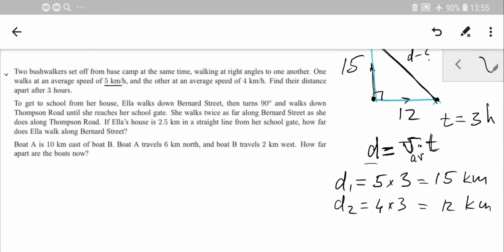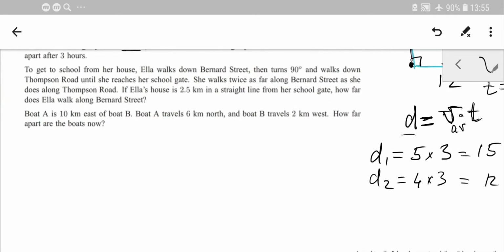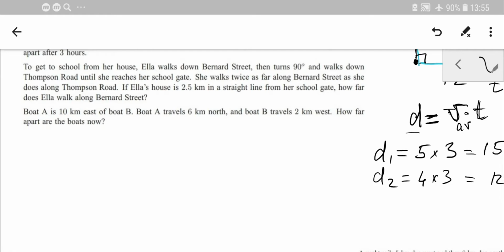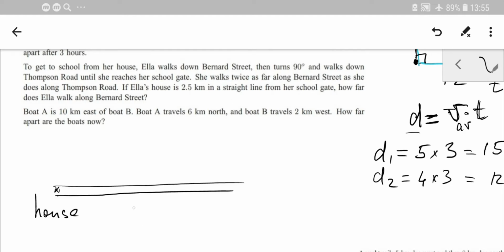Okay, next one. To get to the school from her house, Elle walks down Bernard Street, then turns 90 degrees and walks down Thompson Road until she reaches her school. So first of all, we need to draw a map, sort of. Say this is the house, and she walks down Bernard Street, then turns 90 degrees.